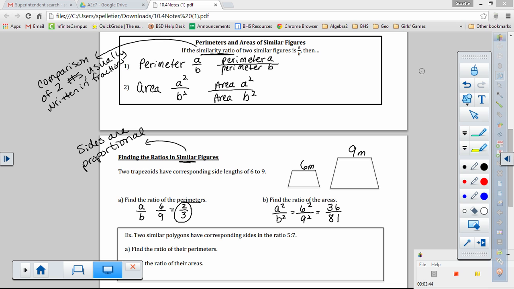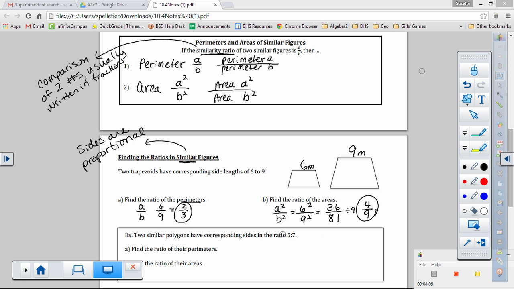Okay, so one way to not have to reduce this is to use the 2/3 from part A as a little bit of an easier approach, so you don't have to do all this reducing. But these are both divisible by 9, so 9 goes into 36 4 times, and 9 goes into 81 9 times, so we get 4/9.